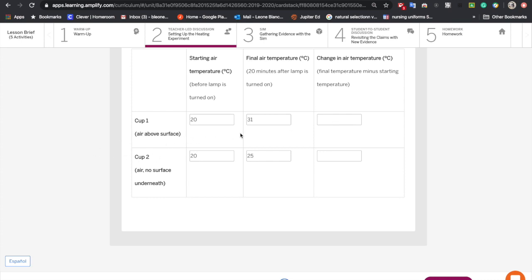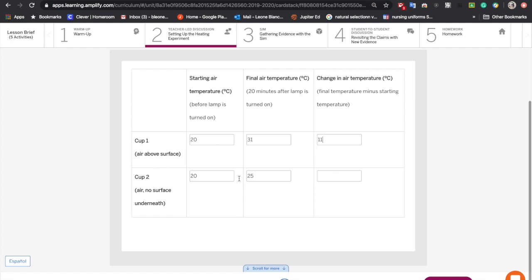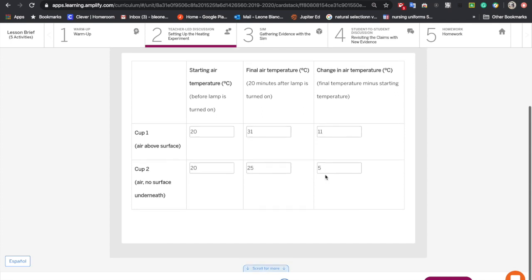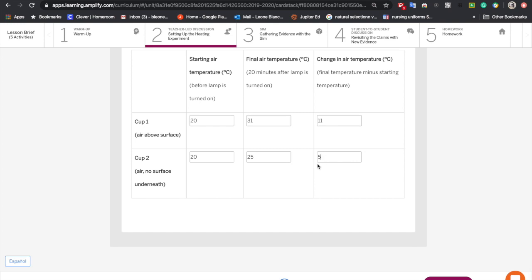So with the surface, it got all the way up to 31 degrees, which is a difference of 11. When there was no surface, it only got to 25, which is still an increase, but only an increase of 5 degrees. It probably increased mostly because the heat lamp was much hotter than the temperature around it.